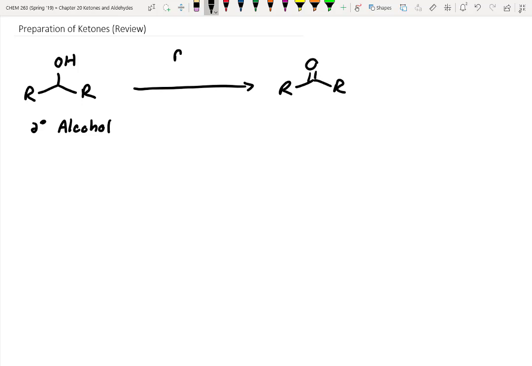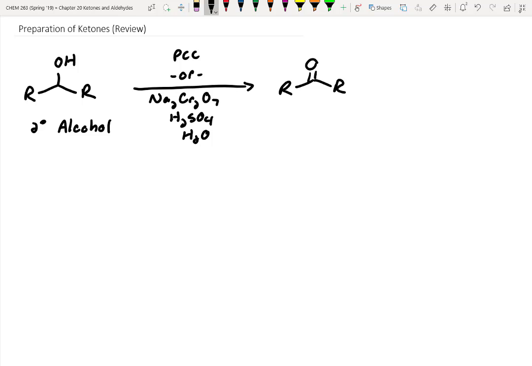And we said we could use PCC, that was a reagent we saw on the other page, pyridinium chlorochromate, or what's the other reagent? Chromic acid. Na2Cr2O7 is sodium dichromate. You can make chromic acid by putting sodium dichromate in sulfuric acid and water. Either one of these reagents will work.